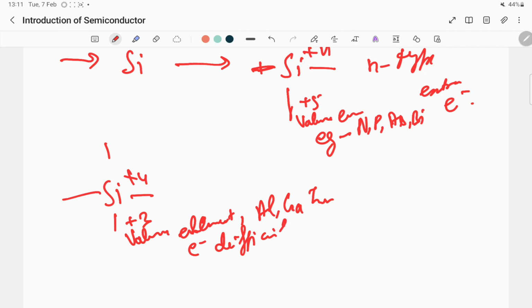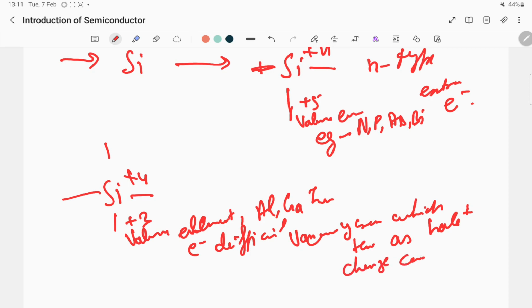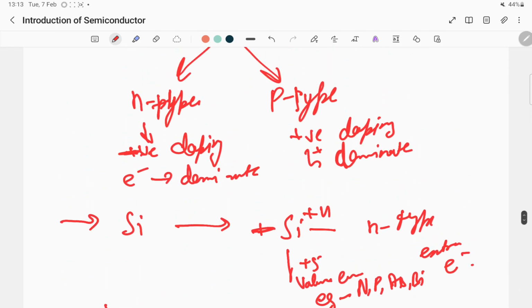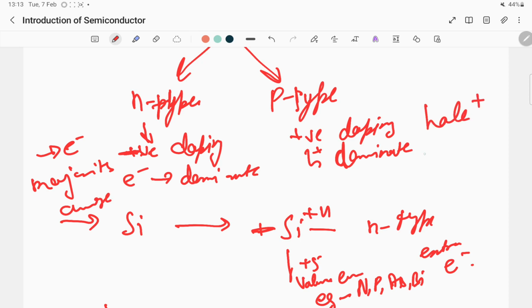So one extra vacancy is created, which is termed a hole, a positively charged carrier. So it is called a p-type semiconductor. By the layman definition of n-type and p-type: here the electrons are the majority charge carrier, and here the holes are the majority charge carrier.